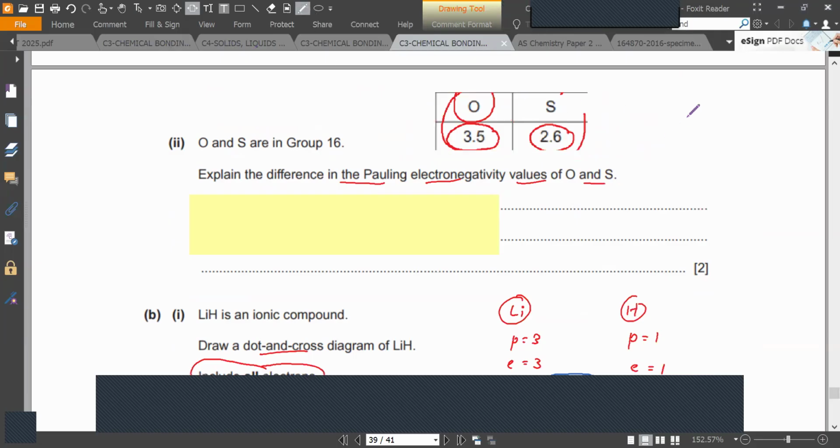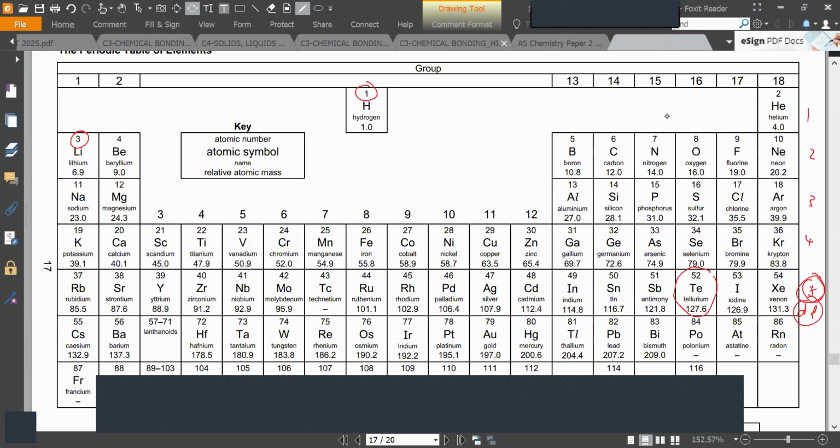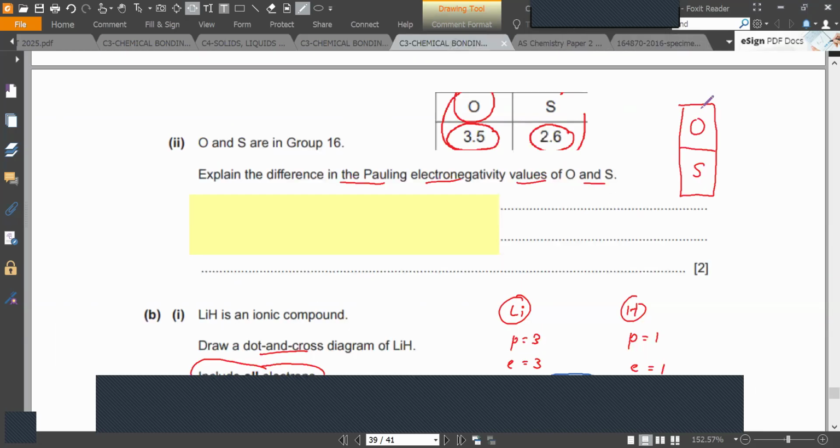In the periodic table, oxygen is here, sulfur is here. Oxygen is 8, sulfur is 16.